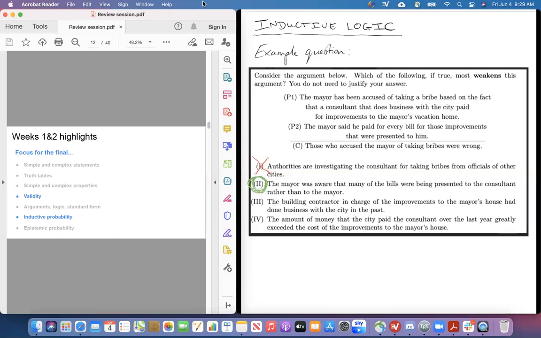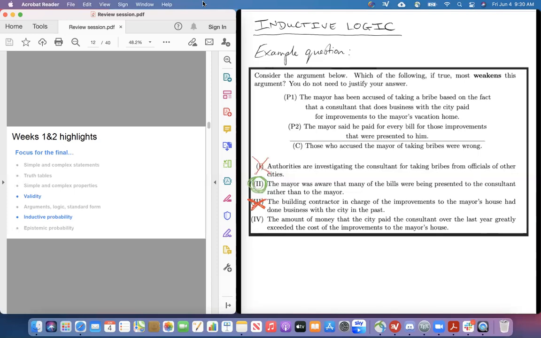Well, 3, we're pretty much already told this. 3 says the building contractor in charge of improvements to the house had done business with the city in the past. That's what we're told in the premises. This doesn't really address the mayor's response in any way, and that's really what we're trying to weaken, the defense from the mayor here. So 3 is wrong for that reason.